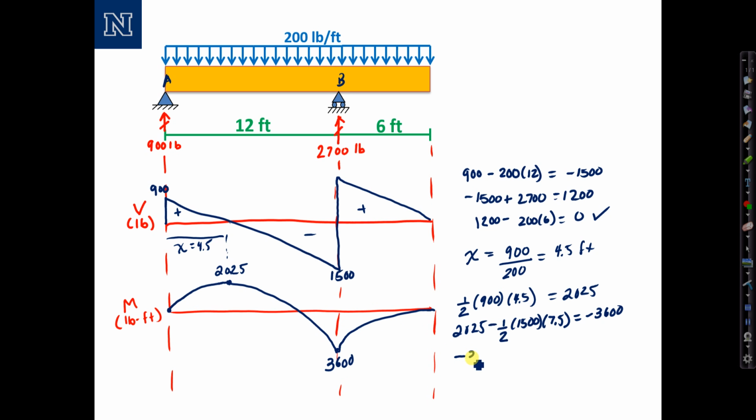And the value is negative 3600 plus the area of the triangle. Sorry, I forgot to note the value right there, 1200. 1/2 times 1200 times 6, and that is indeed 0, which is confirmation that it comes back to 0 as we expect. So there's the shear and the moment diagram, which we'll use in the next video to complete the problem.